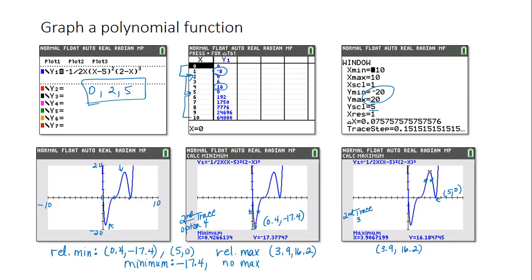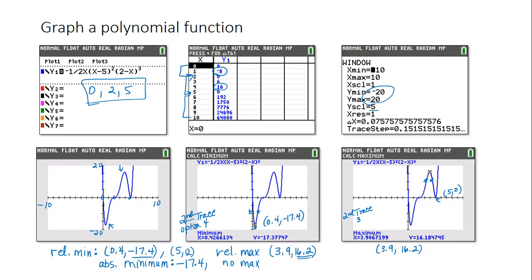If I had to answer what the relative minimums are, they are negative 17.4 and 0, but the absolute minimum is negative 17.4. The relative max is 16.2, but there's no absolute max because the graph continues upward.